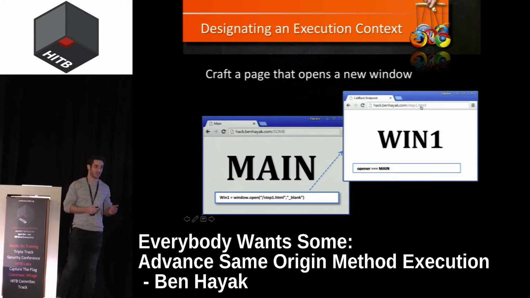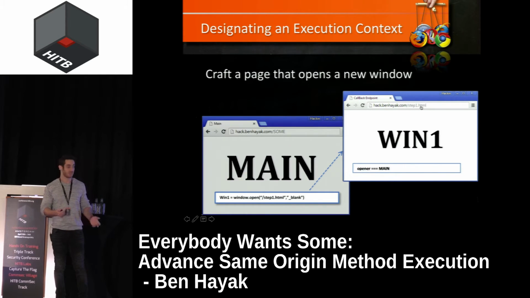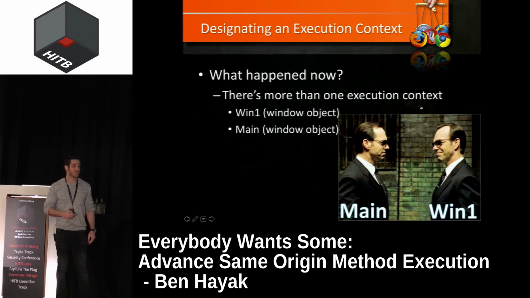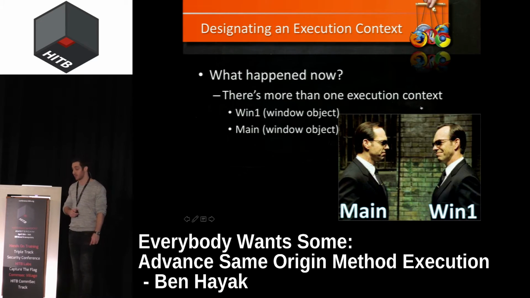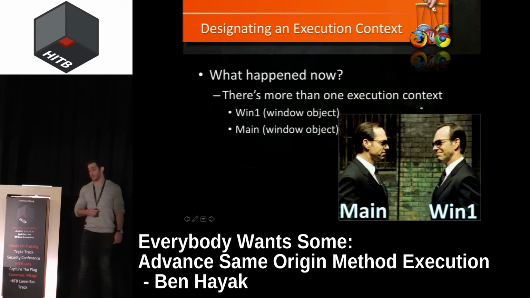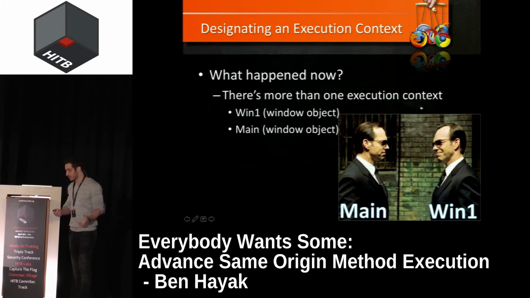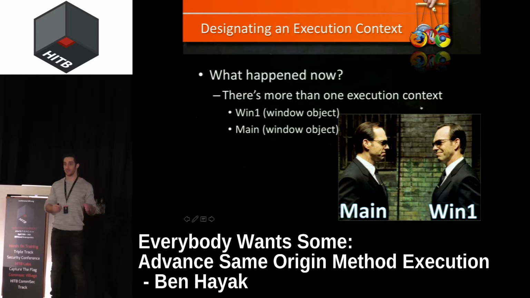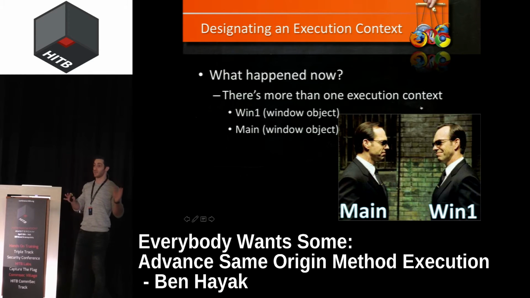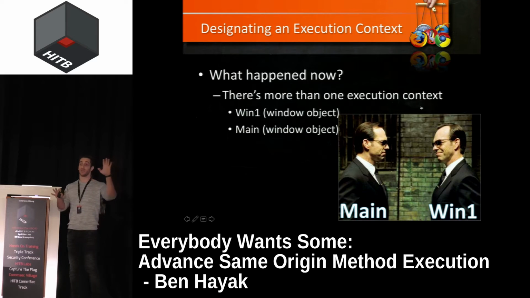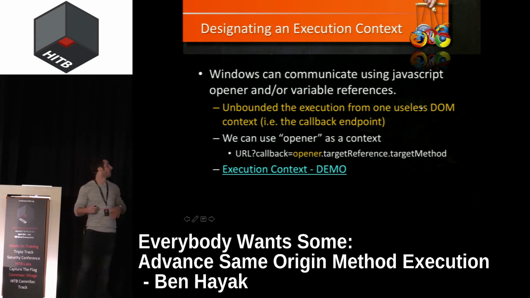That's the whole point of planning, using window.open simply. And what just happened because we did that? The magic here is that once we open another window, we have another context. So now we have the main window that we had, like evil.com, and now we have another pop-up, and we can play with the context.